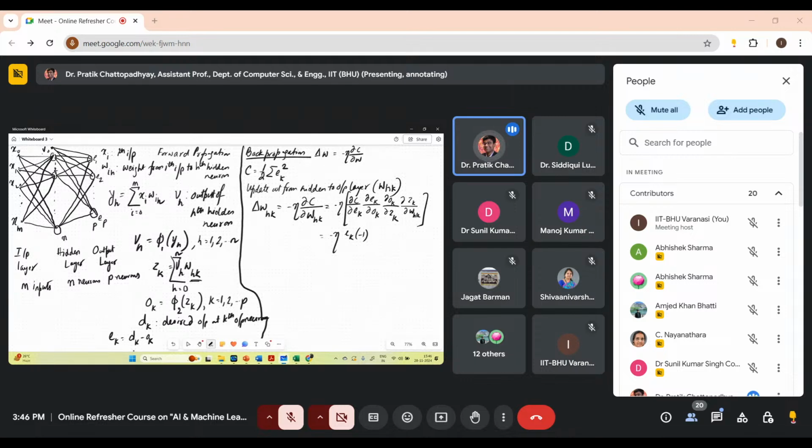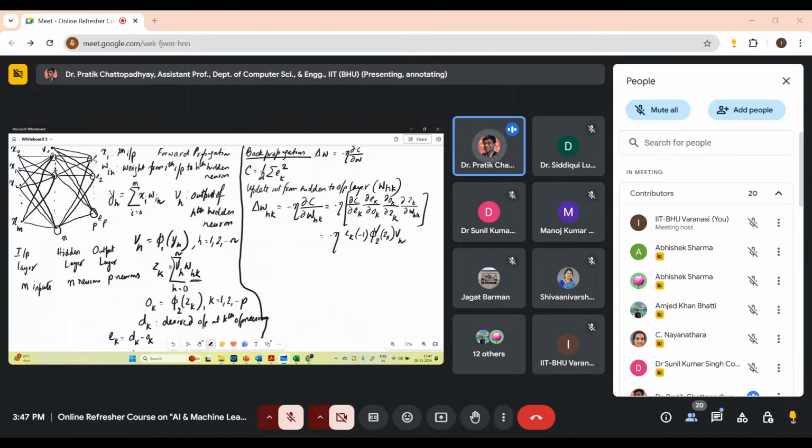That's why we said it should be differentiable. We have to differentiate the activation function. If we use a non-differentiable activation function, we cannot compute this differentiation. So depending on the function, we can compute the derivative. I am writing it as phi dash, the derivative at ZK. Then del ZK del WHK is simply VH.